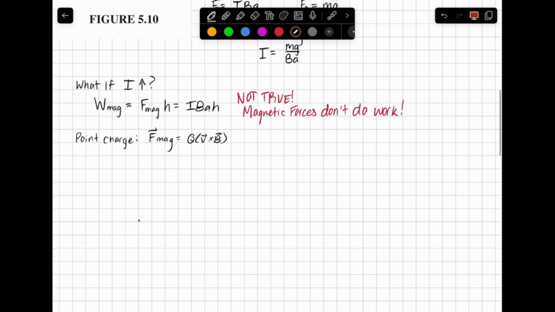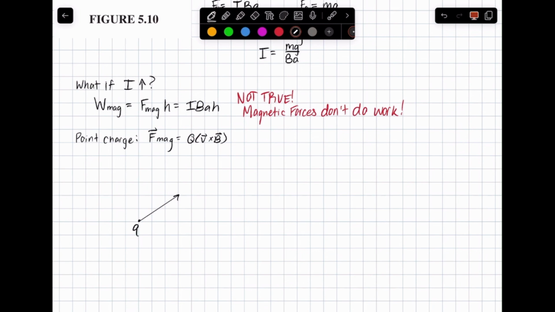When the charges are moving, or when the loop is forced upwards, we now have this velocity up and horizontally.